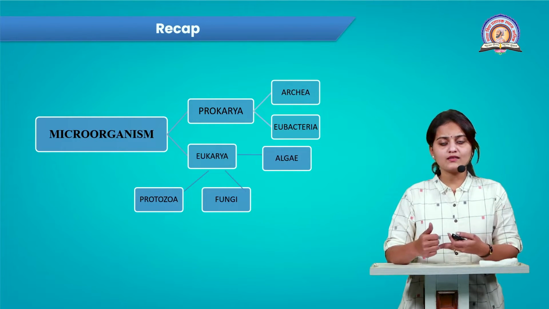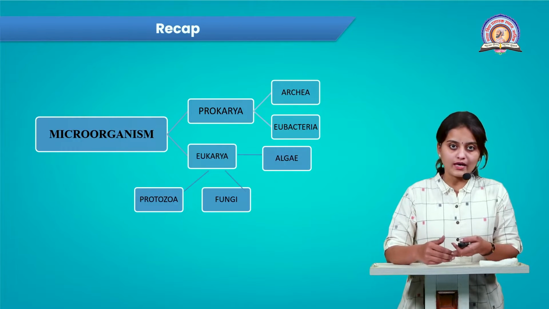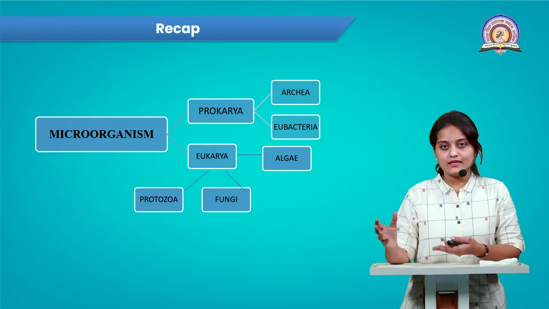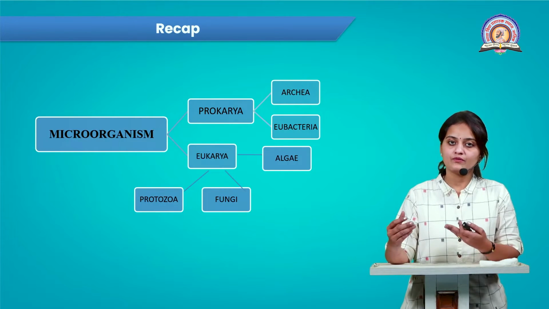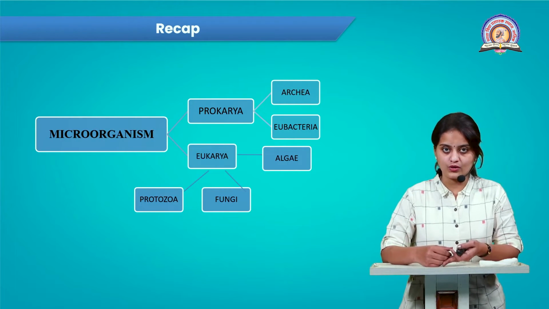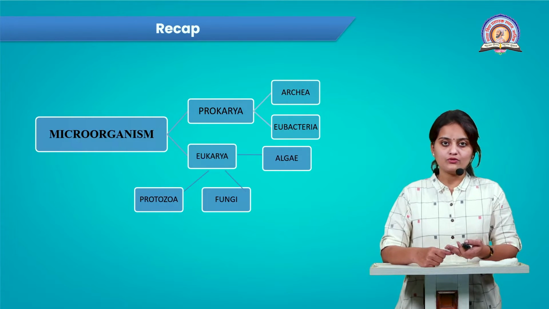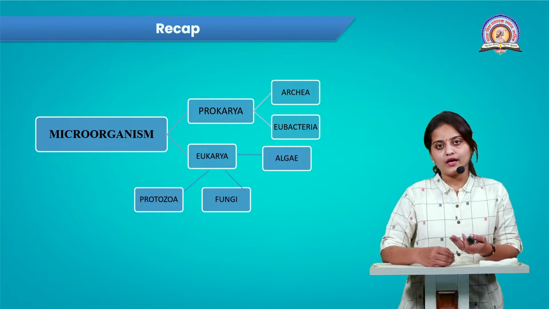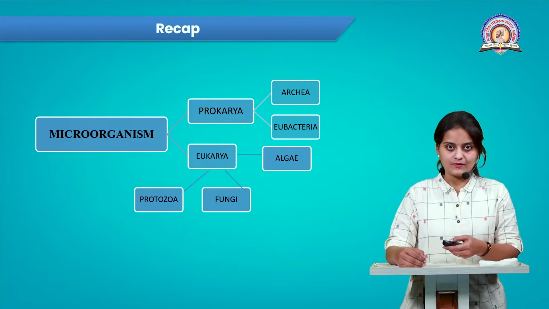Again, microorganisms are also divided into eukaryotes, and in eukaryotes we can include examples like algae, fungi as well as protozoa. So today we are going to discuss the prokaryotic eubacterial cell.